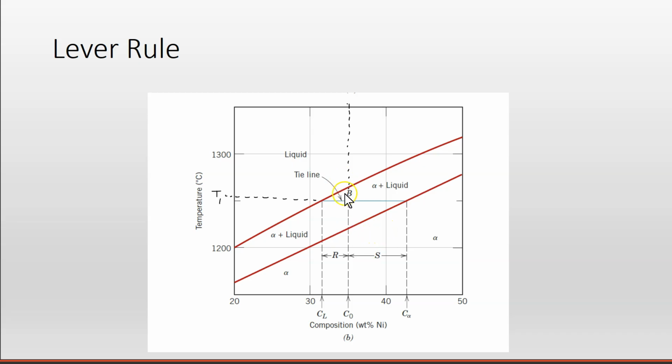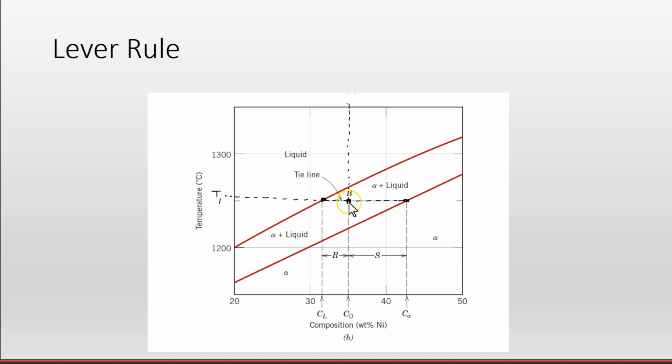We can find the composition of those phases by seeing the intersection of the phase boundaries either side of the point B here. So we draw a horizontal line representing that all of these points have the same temperature.